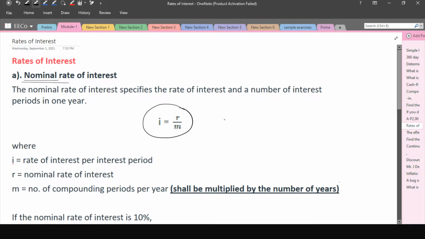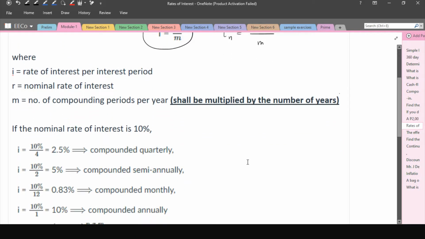So, I, lagyan mo ng N, nominal, is equal to R, or the rate, divided by M periods, na compounding periods per year. Okay? And then shall be multiplied by the number of years that it will be accruing. Okay. So, that is nominal rate of interest.